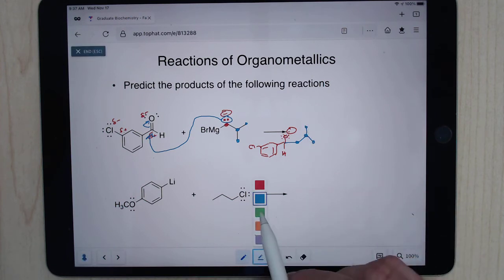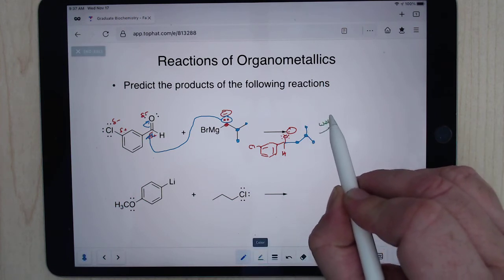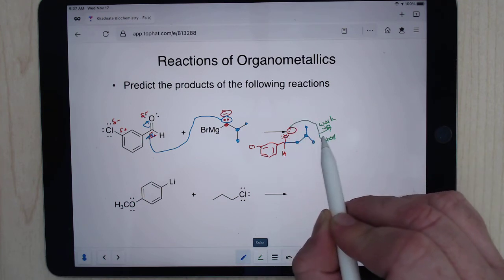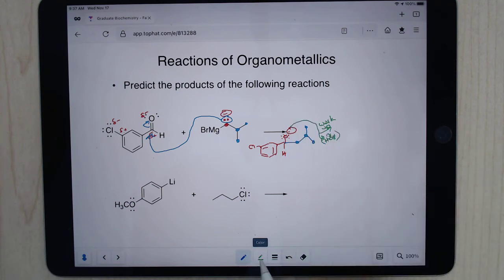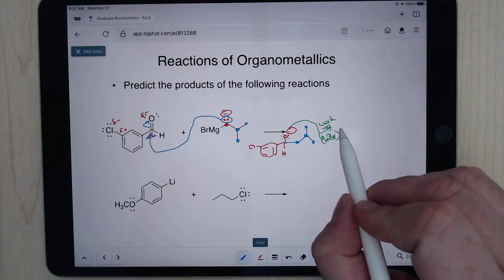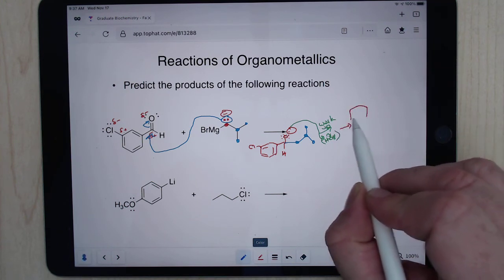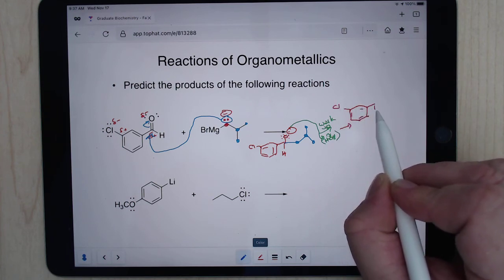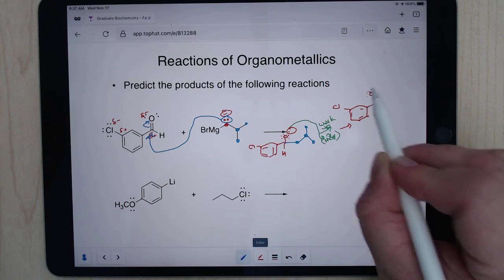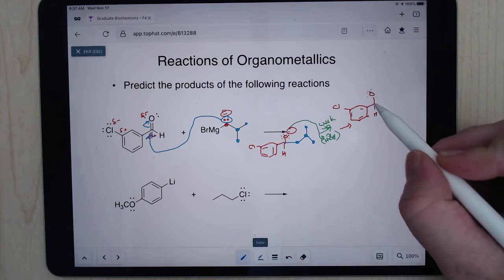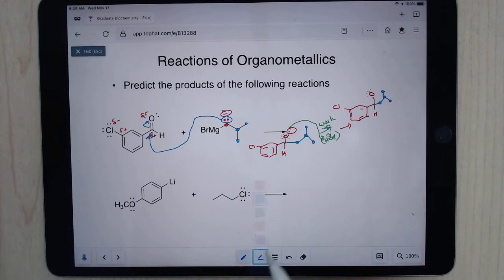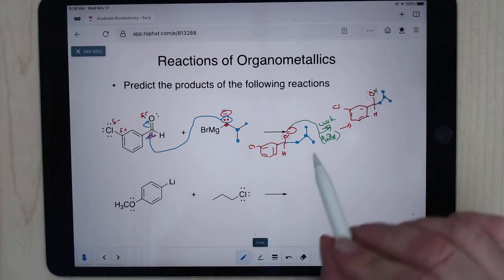And then during the workup, we're going to dump in some water, right, and that's going to grab this, keep that away. And so what you're going to end up with is this. And then the H from that water.